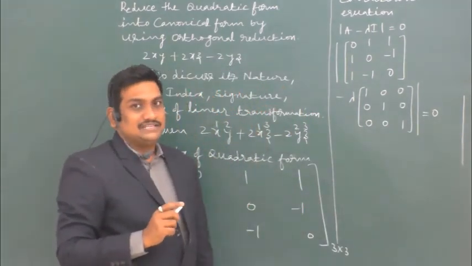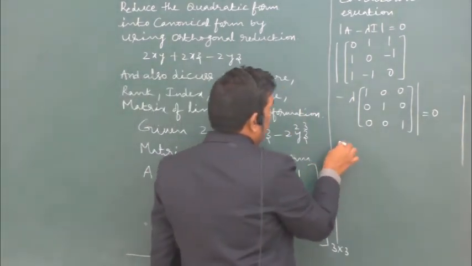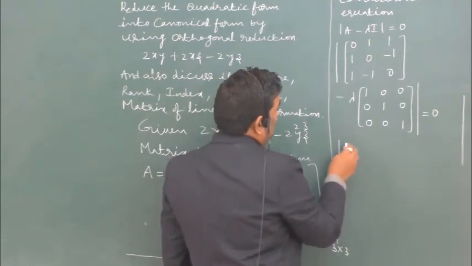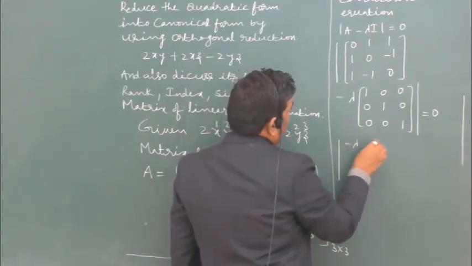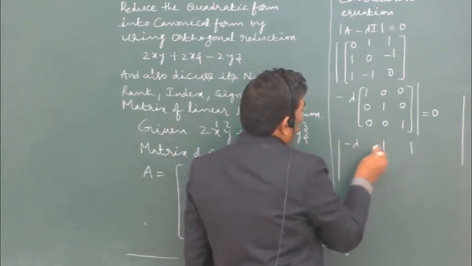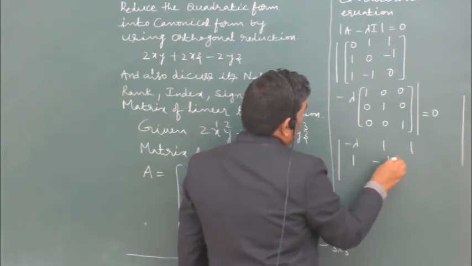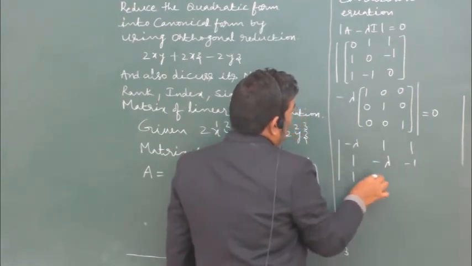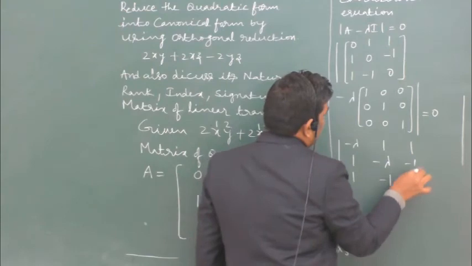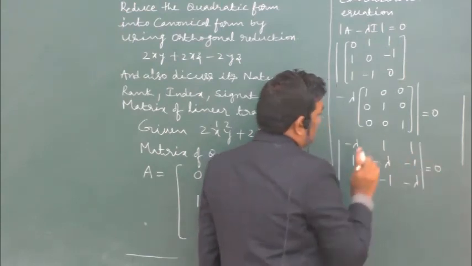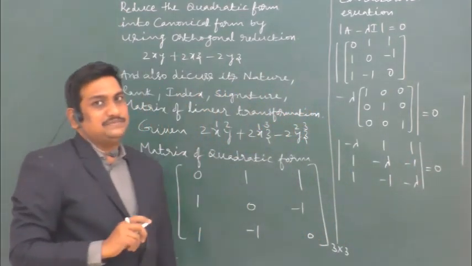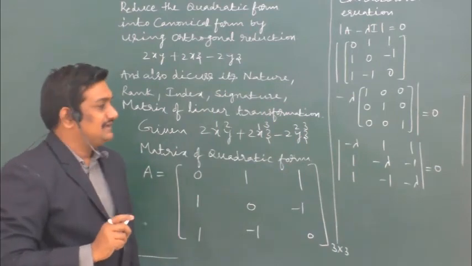Now subtract corresponding elements. It will be the determinant of minus lambda, 1, 1, 1, minus lambda, minus 1, 1, minus 1, minus lambda, equals 0. Now we need to expand this 3 by 3 determinant.